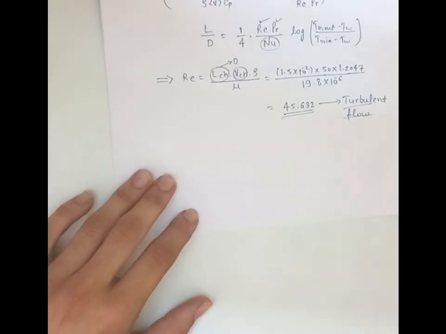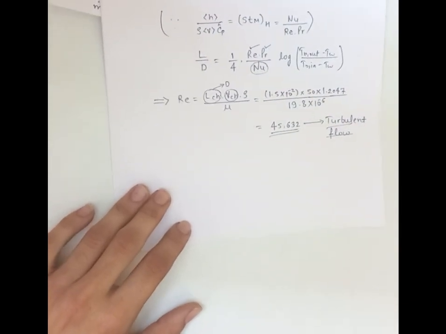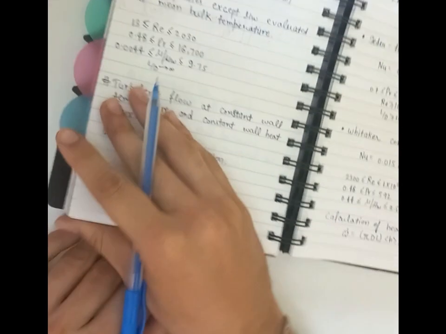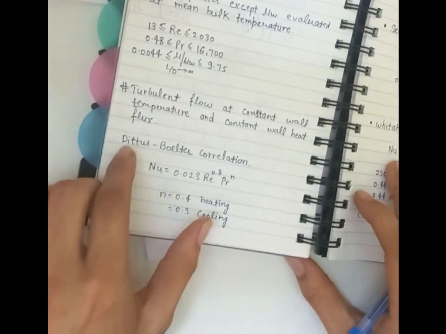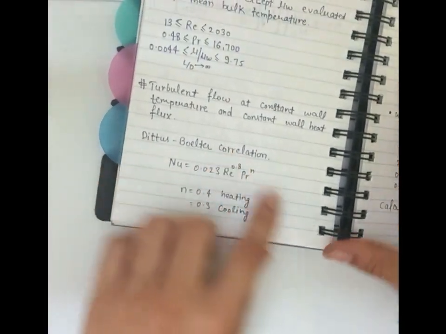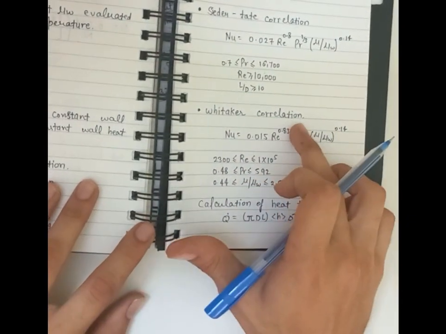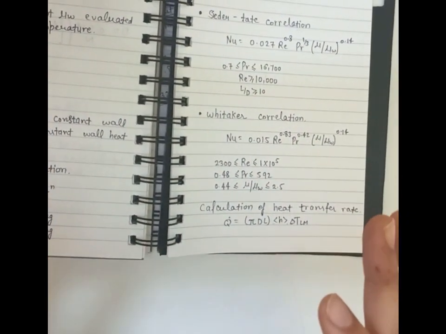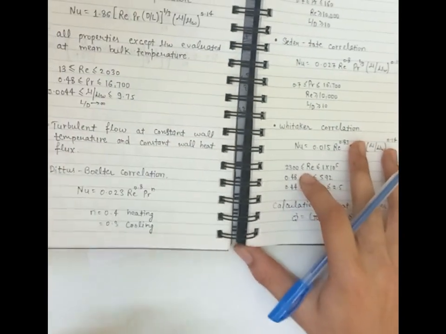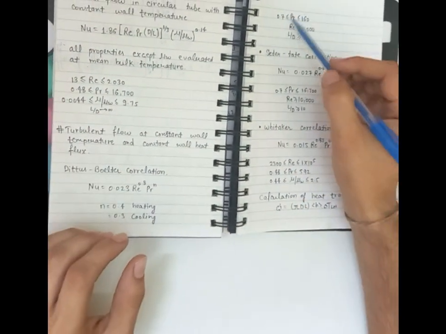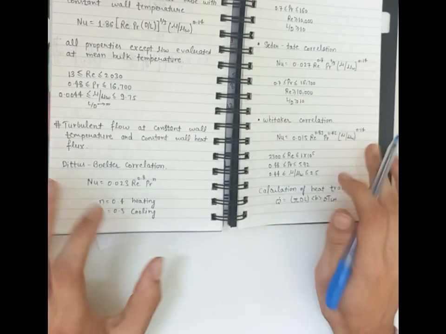Now for the turbulent flow, we are going to use the three correlations which are given. First is the Dittus-Boelter correlation, then the Sieder-Tate correlation, and the third one is the Whittaker correlation. We can use any of them according to the conditions or situations given for each of them.